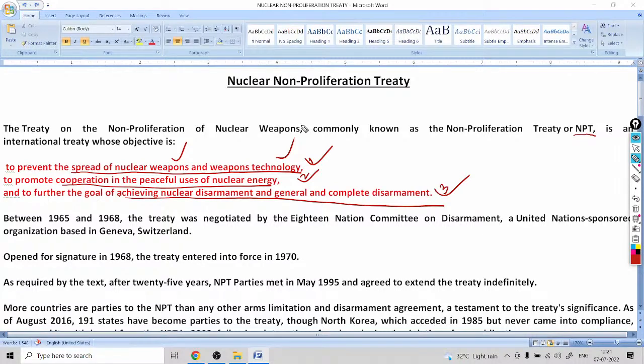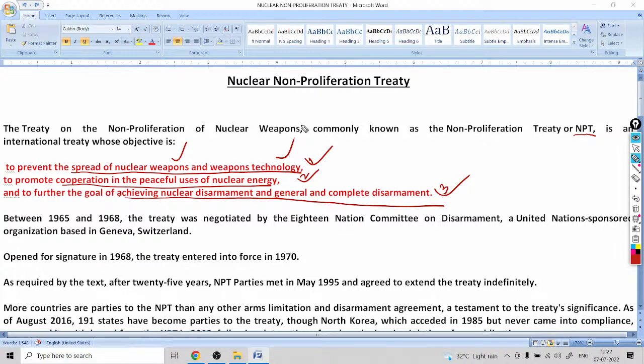And the most important aspect is to promote the goal of achieving nuclear disarmament in particular, and general and complete disarmament. Because in the post Second World War period, there was an arms race. Not only nuclear arms, but even a conventional arms race was very much there, because country after country knew very well that only armaments will give them power.